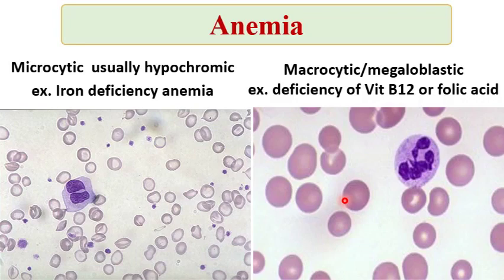Hyperchromic means the content of hemoglobin is larger than normal, larger than 14 milligrams. So this anemia is called macrocytic hyperchromic anemia, which occurs due to deficiency of vitamin B12 or folic acid. These elements are also important for the formation of hemoglobin.